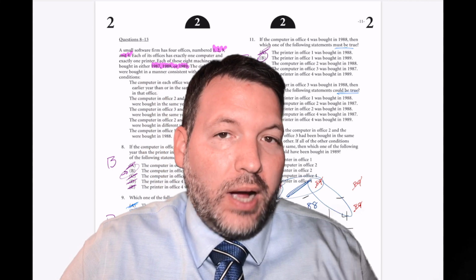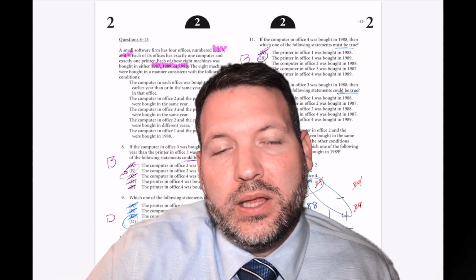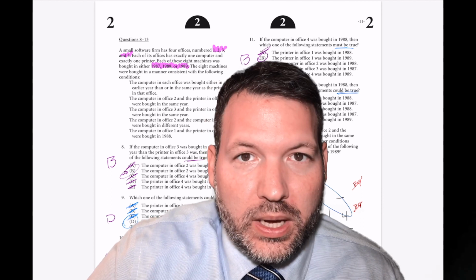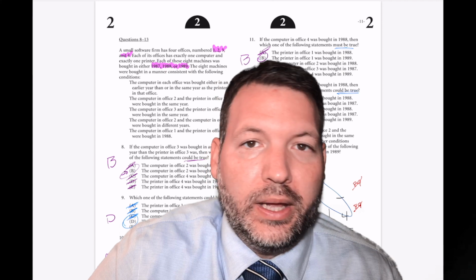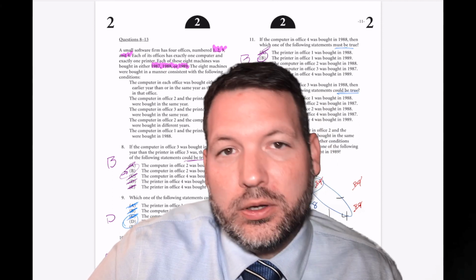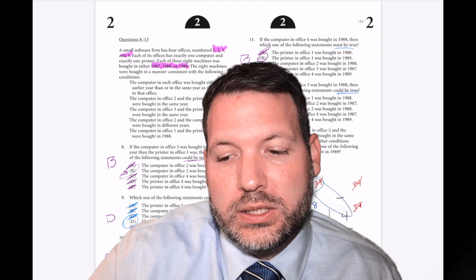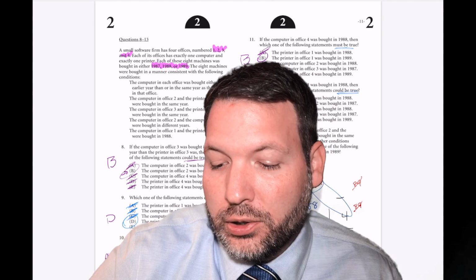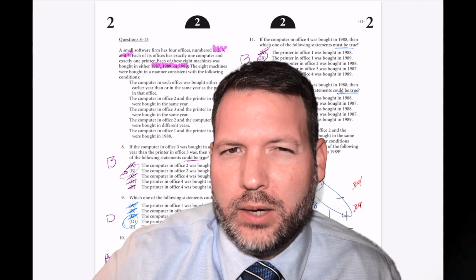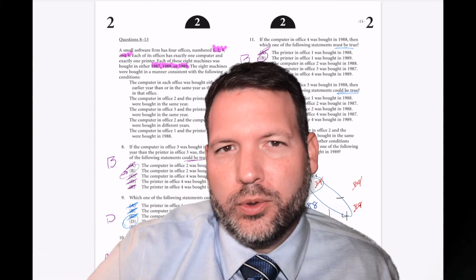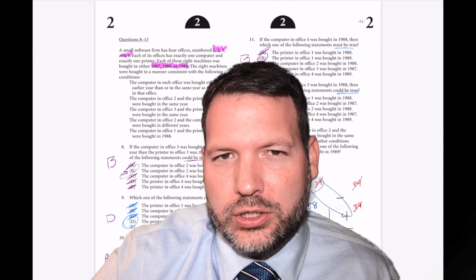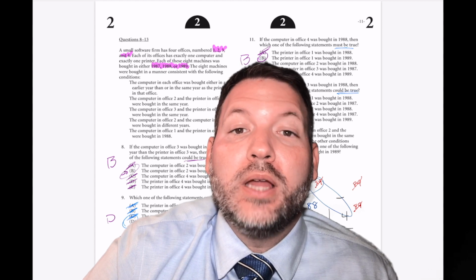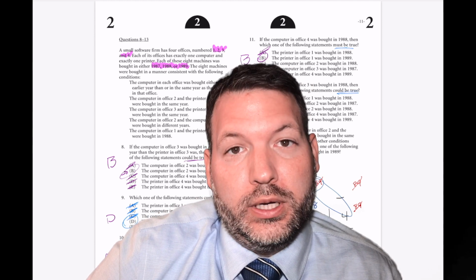I do go through the approach that you want to take when you look at these LSAT games, how to build the diagrams that make them a lot easier to do, how to symbolize the conditions that you're given, and then use those symbols and diagrams to come up with deductions that help you answer the questions. You're certainly free to go back and look at that. Now, I did do a weird thing where, for some reason, I only recorded my eyes, so I apologize for that. But I've gotten better in the intervening year and a half. And hopefully it will not be another year and a half before I do a third such game.